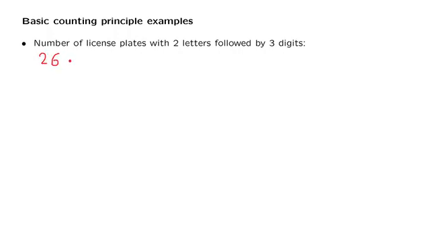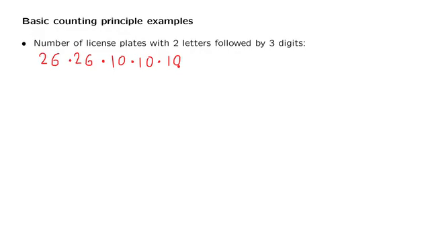Then we need to choose the second letter, and we have 26 choices for that one. Then we choose the first digit, we have 10 choices for it. We choose the second digit, for which we have 10 choices, and finally we choose the last digit, for which we also have 10 choices. So if you multiply these numbers, you can find the number of different license plates that you can make with 2 letters followed by 3 digits.